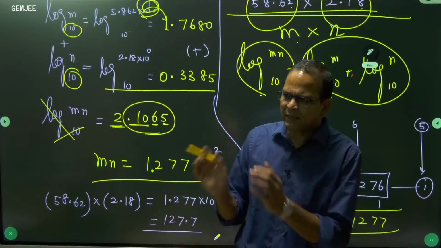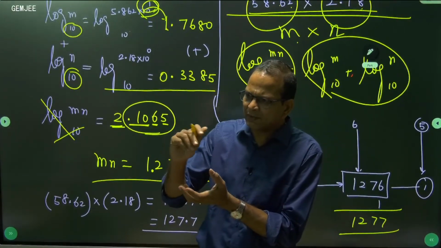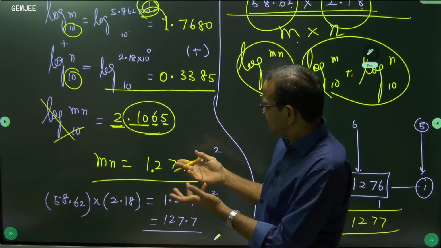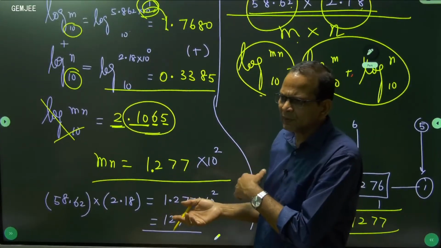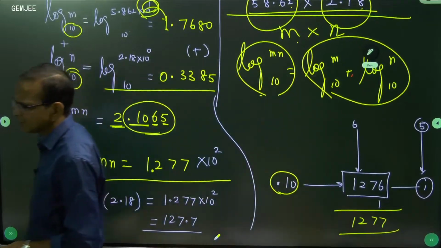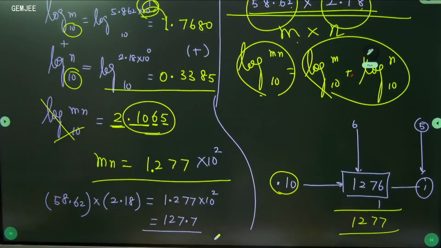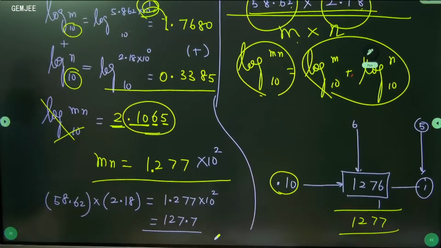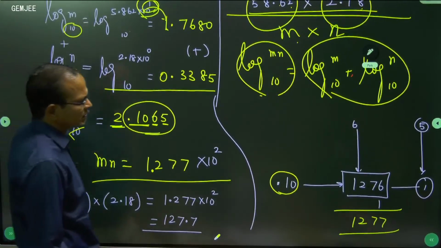The exponent of 10, I mean the power of 10, becomes the characteristic. So at the end, wherever the characteristic is, that will automatically go to the power of 10.